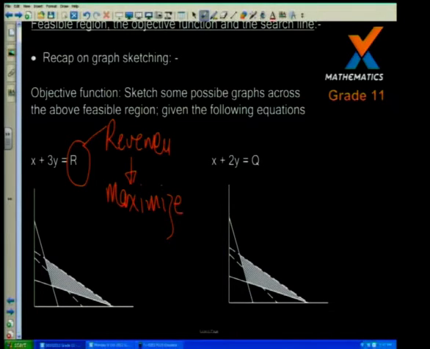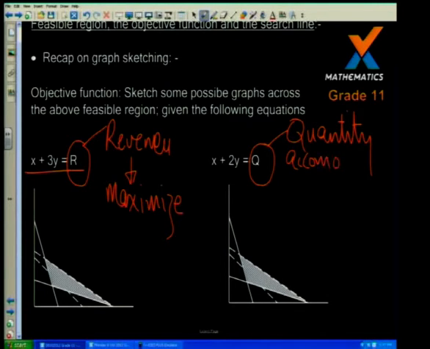So you want to maximize revenue given the revenue function. And for the Q, I'm suggesting a quantity that you want to accommodate, like I said, in a hotel or in a restaurant. So you want to maximize that as well.